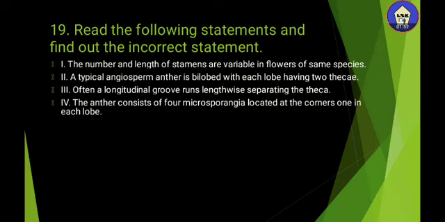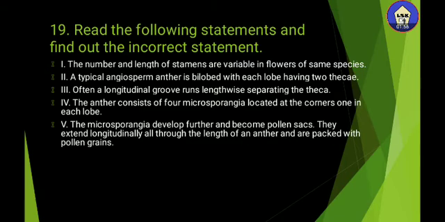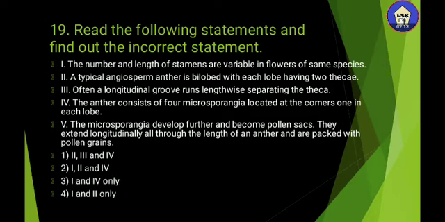The anther consists of 4 microsporangia located at the corners, 1 in each lobe. And the fifth statement, the microsporangia develop further and become pollen sacs, and they extend longitudinally all through the length of an anther and are packed with pollen grains. Options 1, 2, 3 and 4.